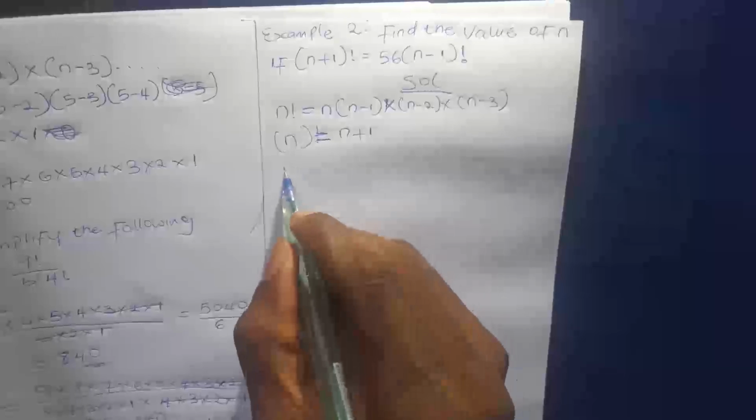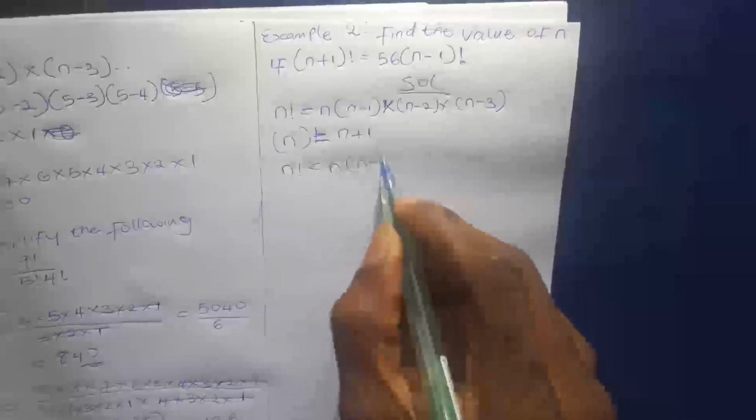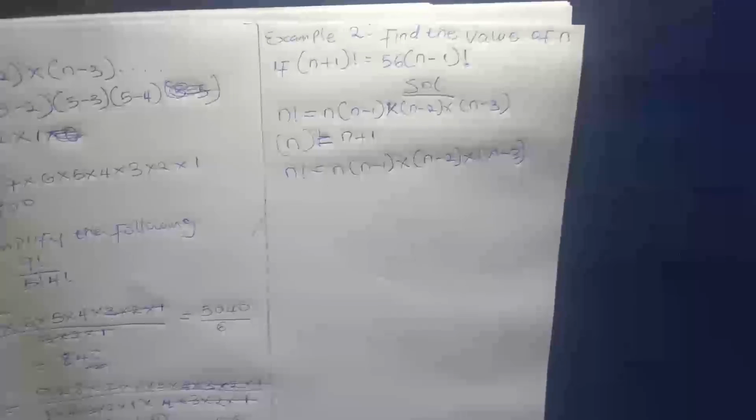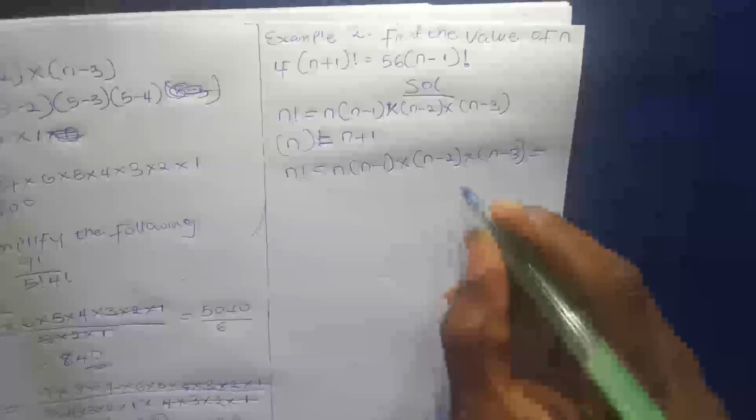So we're going to say n equals n plus 1. Putting n inside this bracket, n factorial equals n times (n minus 1) times (n minus 2) times (n minus 3) and so on, equals 56 times (n minus 1) factorial.